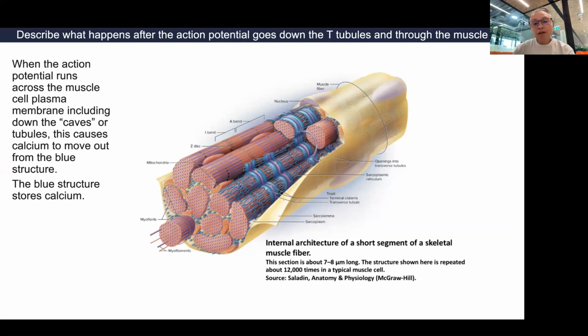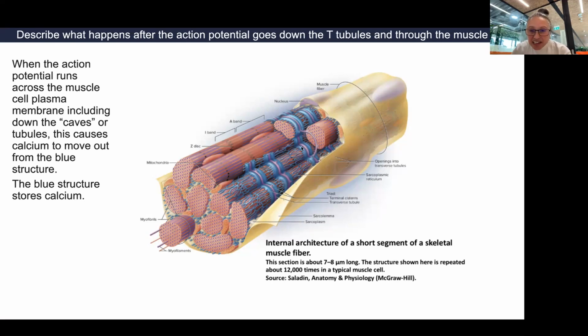Now, what happens is that when the action potential goes through the muscle cell and down the caves, this causes something very special to happen. Can you see next to the caves that there is like blue stuff? It's like a net.